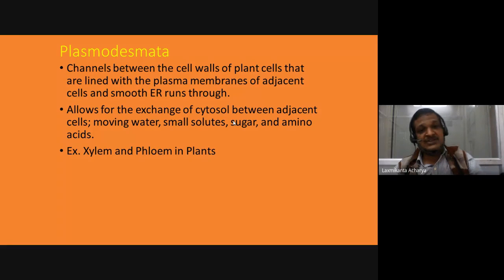The protein has to pass through the outer membrane, then the inner membrane, and then to the matrix. So there must be something present over the membrane that can allow the passage of these proteins. Those proteins, we call them translocon.